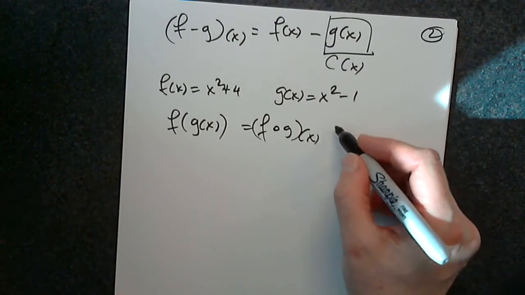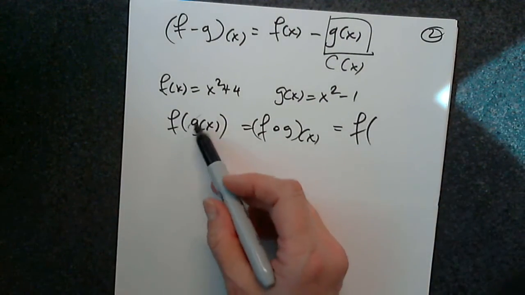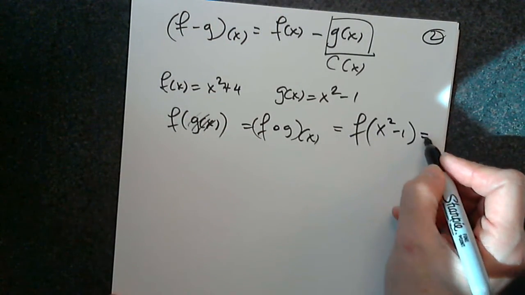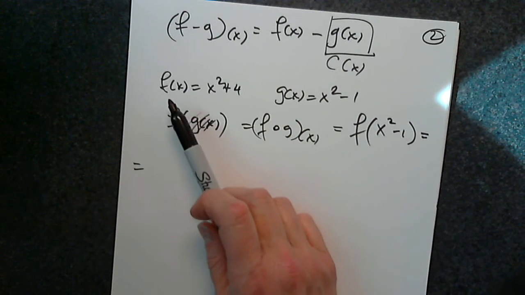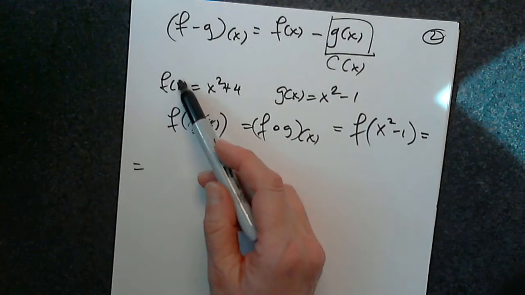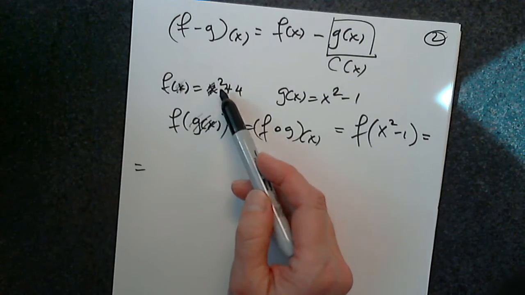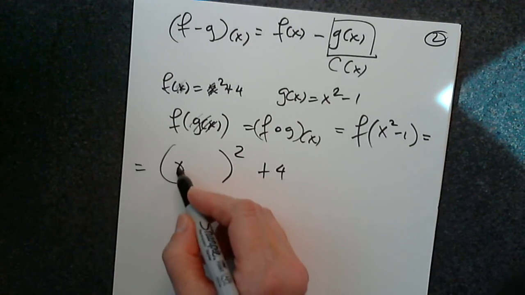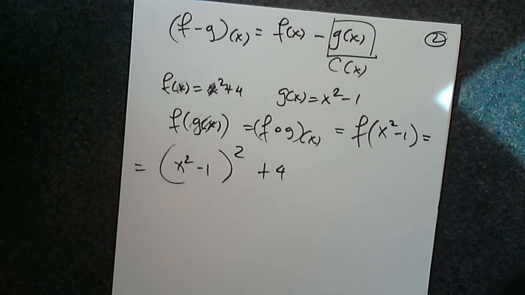Agreed? Okay, so my first step is I have to replace g of x. It's the inner function. I have to work with the inner function first. And then I look at f. F says whatever squared plus 4. So let's see if we understand this step, because the rest will not be difficult.